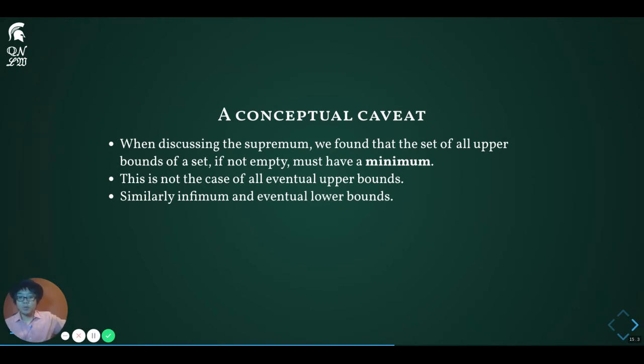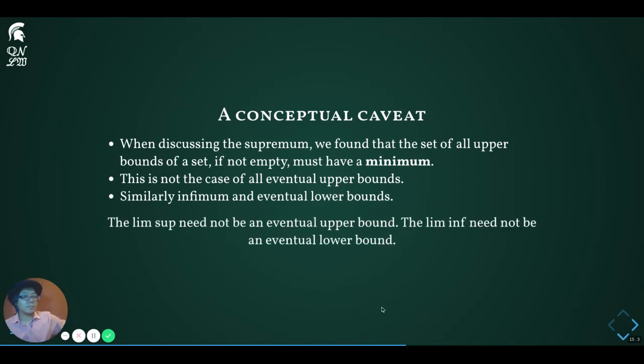So while conceptually the lim sup and the sup are very similar, there is one crucial difference when you are applying the concepts in proofs. That is, the supremum is always an upper bound of the set. The lim sup need not be an eventual upper bound of the sequence.